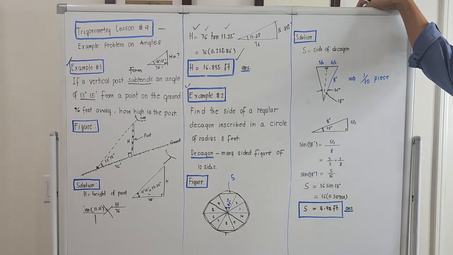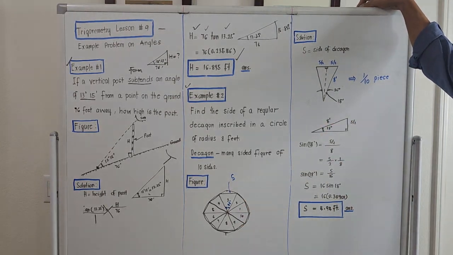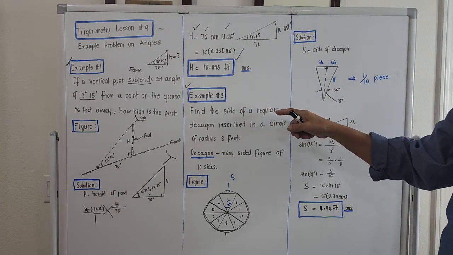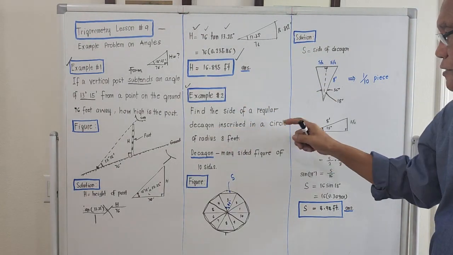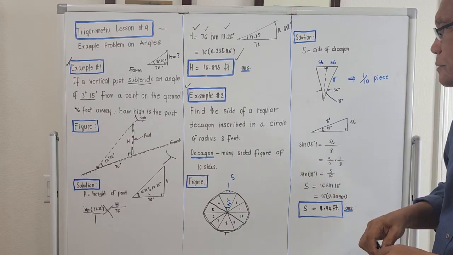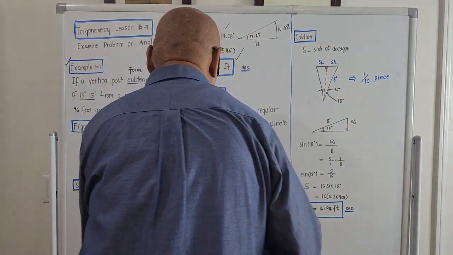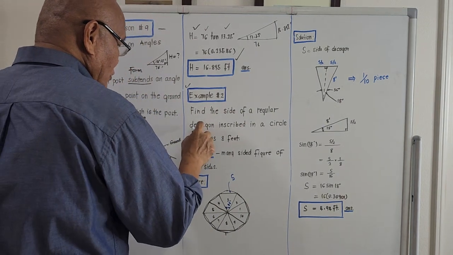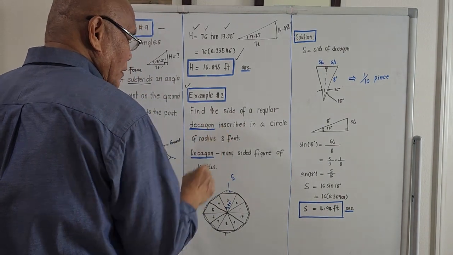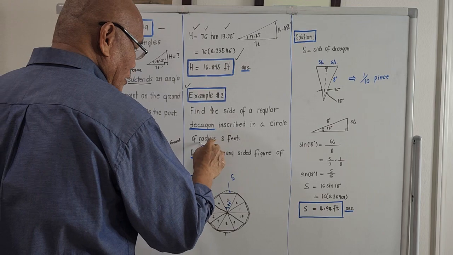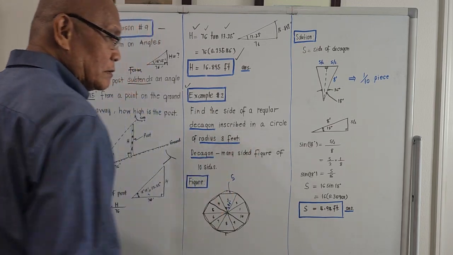Okay. Example number 2. Find the side of a regular decagon inscribed in a circle of radius 8 feet. The word decagon over here. So this should be a many-sided figure, and the radius of the decagon is 8 feet.